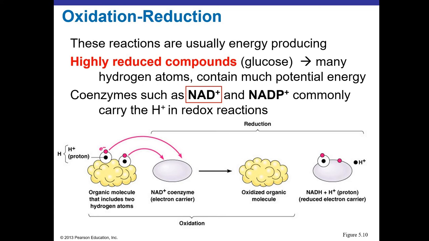So it is going to be an electron carrier, an essential coenzyme that is going to be willing to accept those hydrogens. So as NAD positive accepts the hydrogens, it undergoes reduction, and then you have NADH, which is the reduced electron carrier. We're not going to talk a lot about NADP because that is involved in anabolic reactions. We're going to focus mostly on catabolism in this lecture.